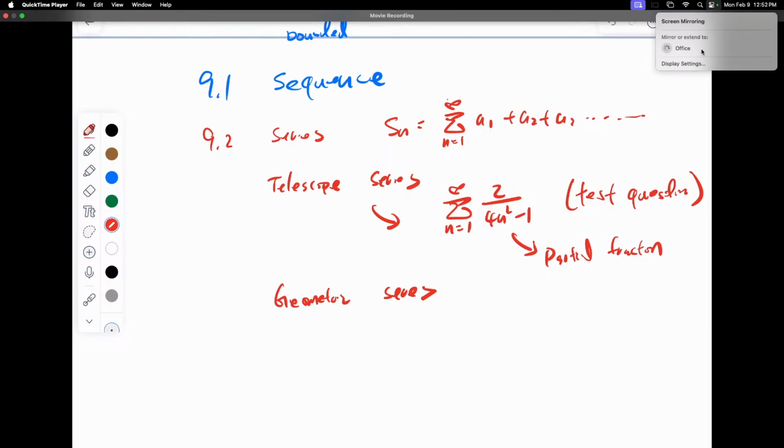And what will be the next term? What will be the 0.08 here? 8 over 10 to the 6, right? So do you see a geometric series here? So this one I can start with 0 to infinity. The first term is going to be 8 over 10 to the 2, right? That's the first term.